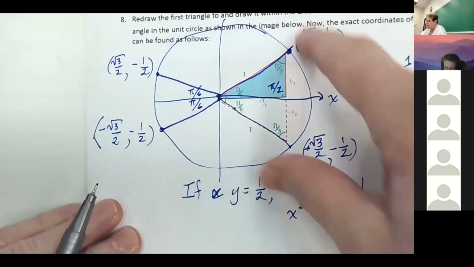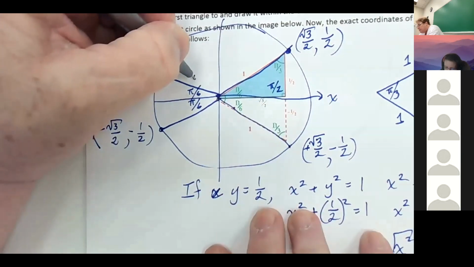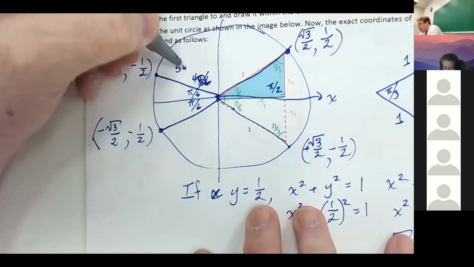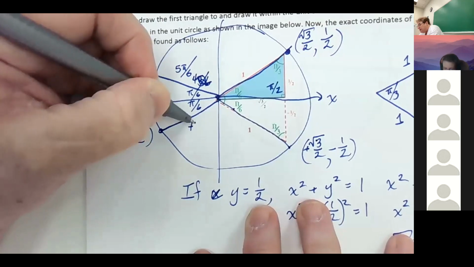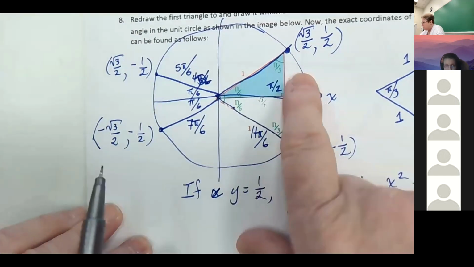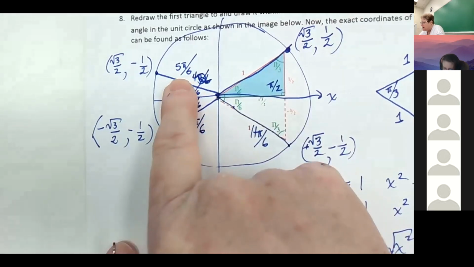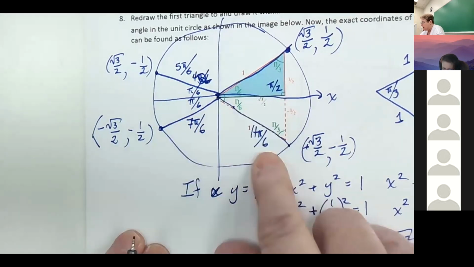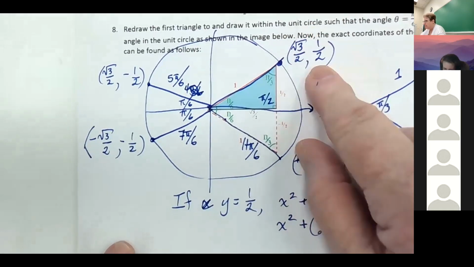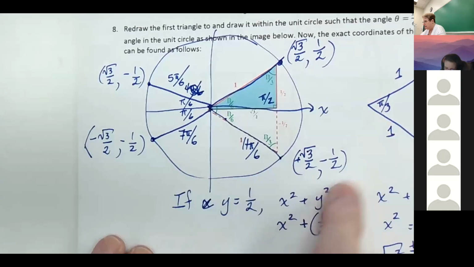These values, if we go around, we start with pi over 6, then 5 pi over 6, 7 pi over 6, and 11 pi over 6. So pi over 6, 5 pi over 6, 7 pi over 6, and 11 pi over 6 all have the same coordinates, square root of 3 over 2, comma 1/2. And all you have to do if you go in a different quadrant is change the sign.